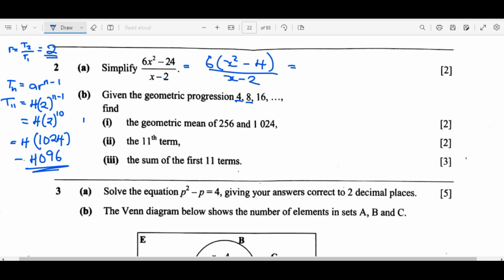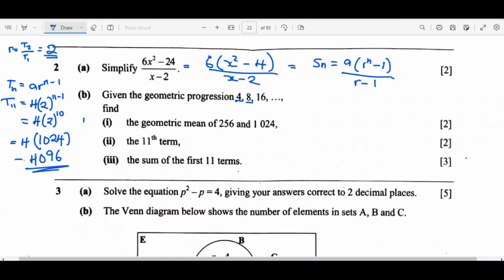So how do we find the sum? The formula, you have to know these things. So Sn is equal to a open bracket r^n minus 1, you close, over r minus 1.